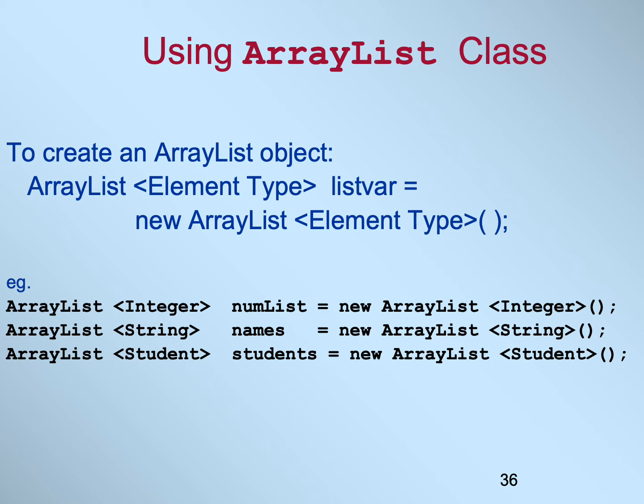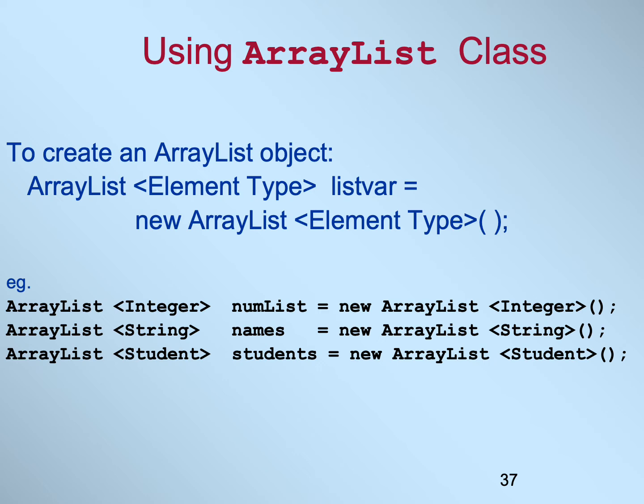To create an ArrayList object, we would write ArrayList, the element type, and whatever we want to call it, equal new ArrayList, the element type, and close the brackets. For example, if we want to create an ArrayList of integers, the element type would be Integer with capital I. So we would write ArrayList<Integer> numList = new ArrayList<Integer>().